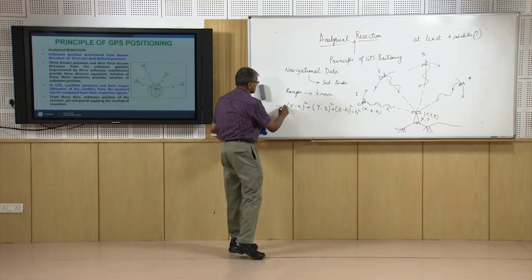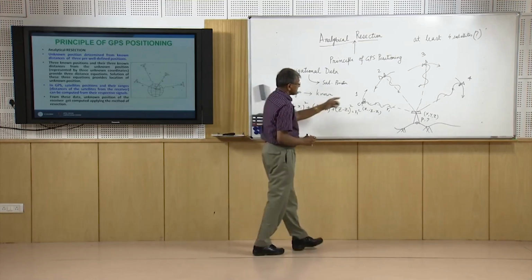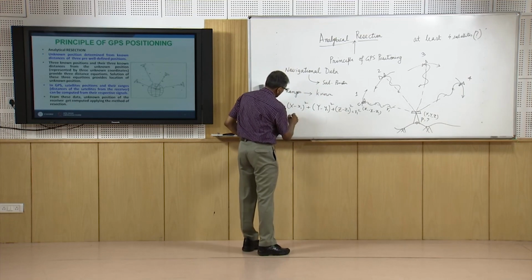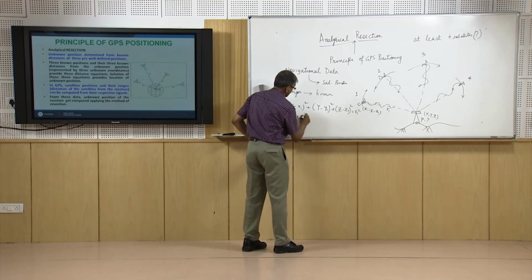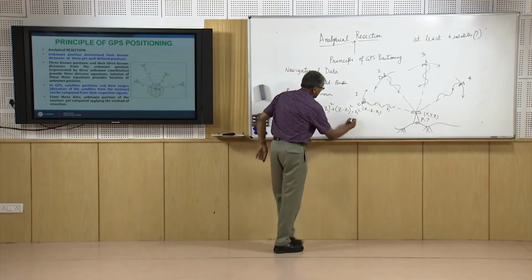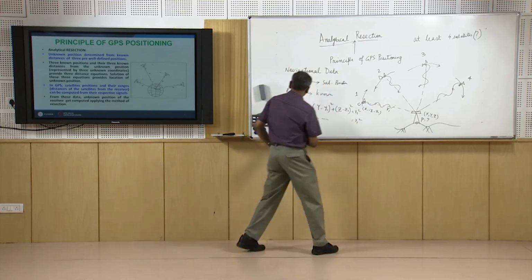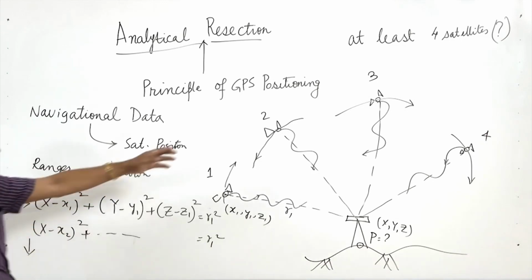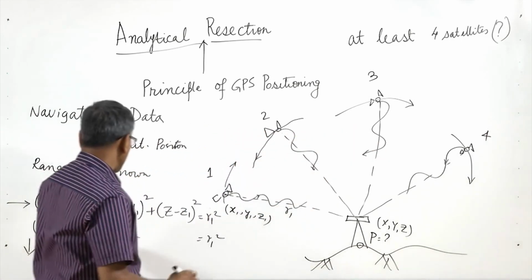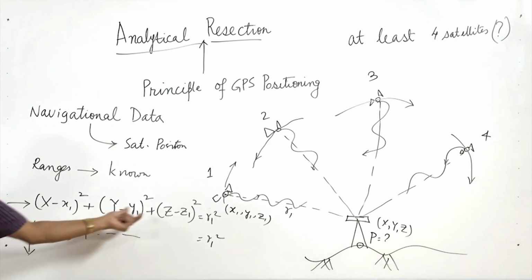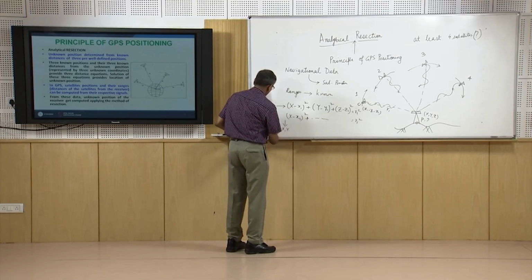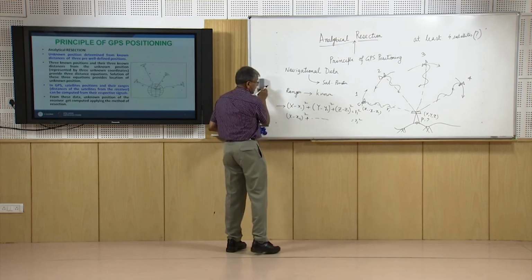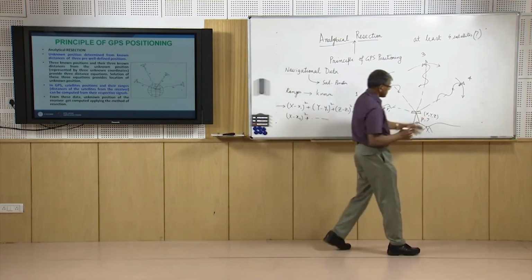Similarly, for satellite number 2 we can write it in that way. For 3 satellites we can write 3 equations and we have 3 unknowns. Solving this we can get the unknown location x, y, z.